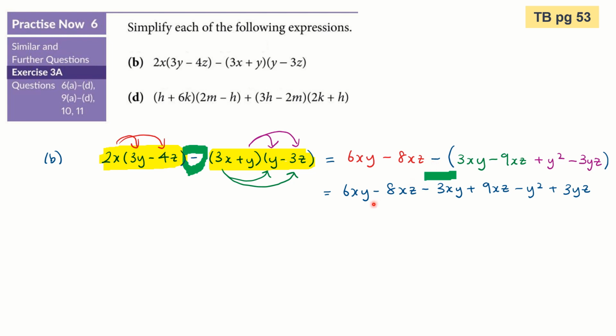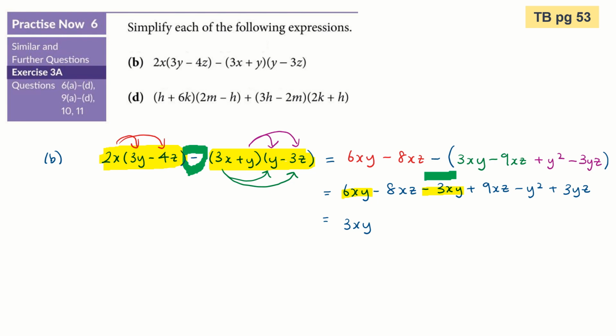We always need to remember to check for simplification, and we observe that we have some like terms. So we have 6xy over here and minus 3xy, and that will actually result in a 3xy, a positive 3xy in fact.